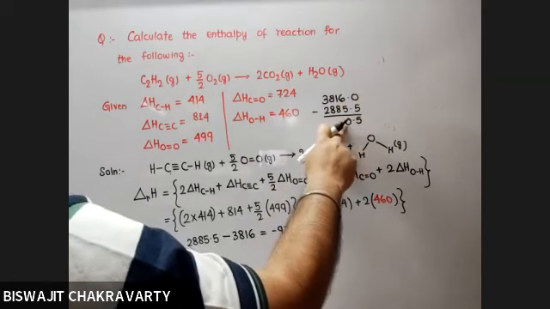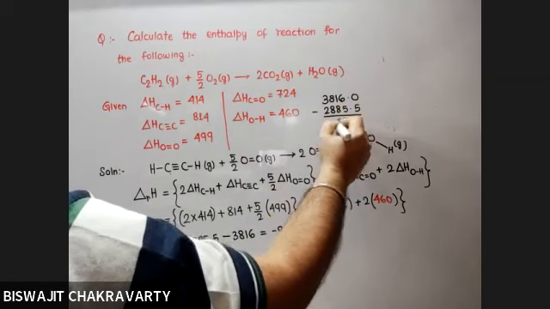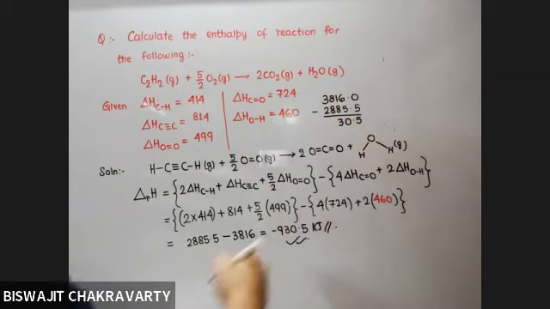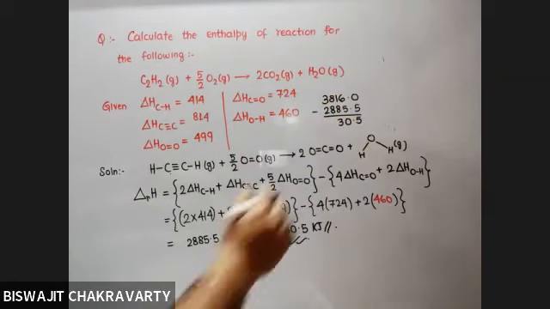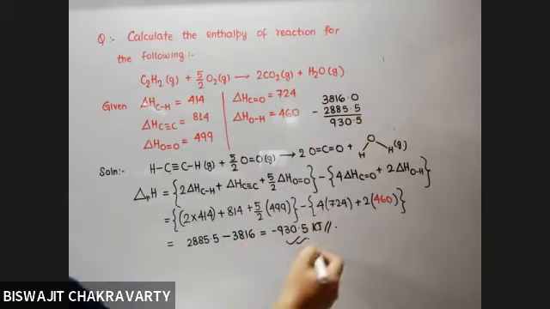Eleven minus 8 is 3. This will be 9. I think it's minus 930.5, isn't it?